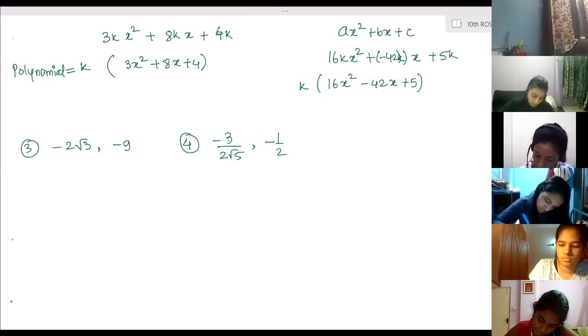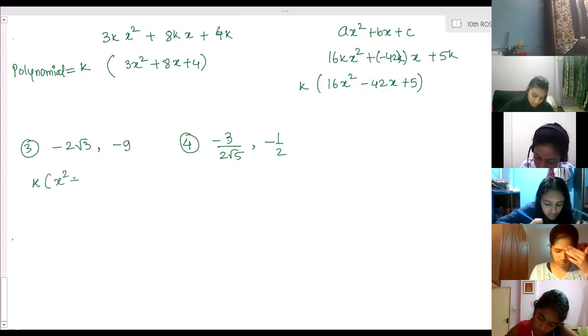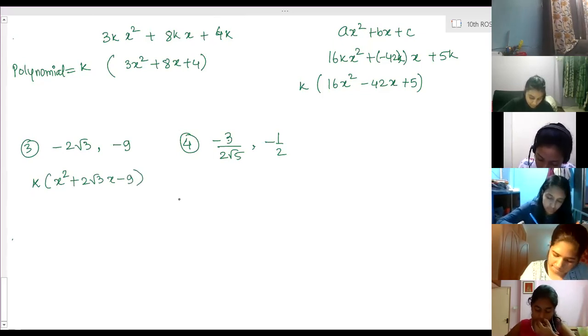Ma'am, can you please repeat the answer of the third one? What you got? X square minus 2 root 3x minus 9. The middle term is plus 2 root 3x.